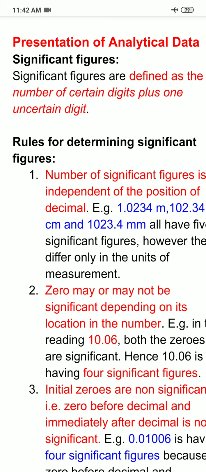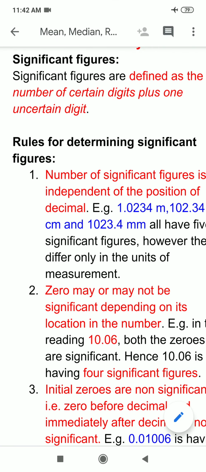So, as you can see on the screen, significant figures are defined as the number of certain digits plus one uncertain digit. मतलब अगर हमारे पास कोई वैल्यू है उसमें कितने सर्टेन डिजिट्स हैं और कितने डिजिट हमें श्योर नहीं हैं, मतलब वो अनसर्टेन है, तो उन दोनों के सम को हम बोलते हैं सिग्निफिकेंट फिगर्स.